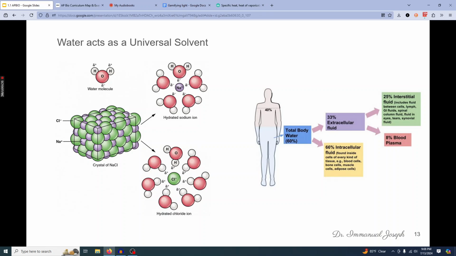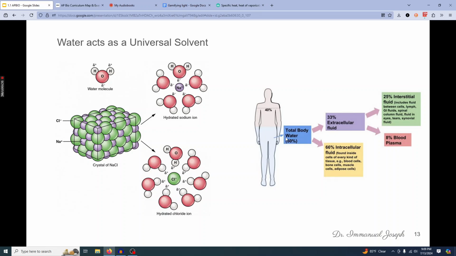In this case, you can call sodium chloride the solute, water the solvent, and the material that is formed is called the solution, where water molecules surround the ions that are created by separating out the sodium and chloride parts. So water is considered a universal solvent.